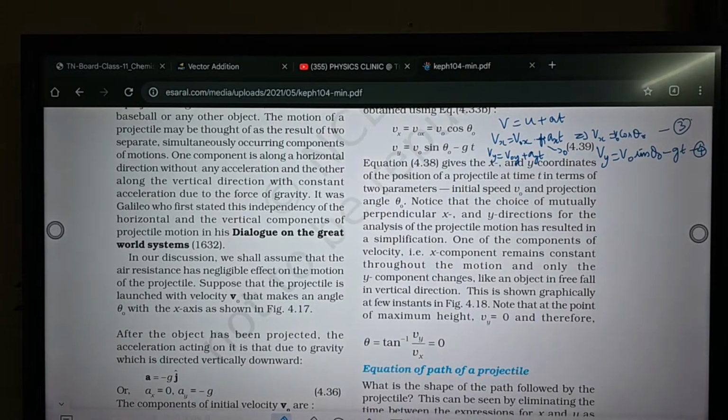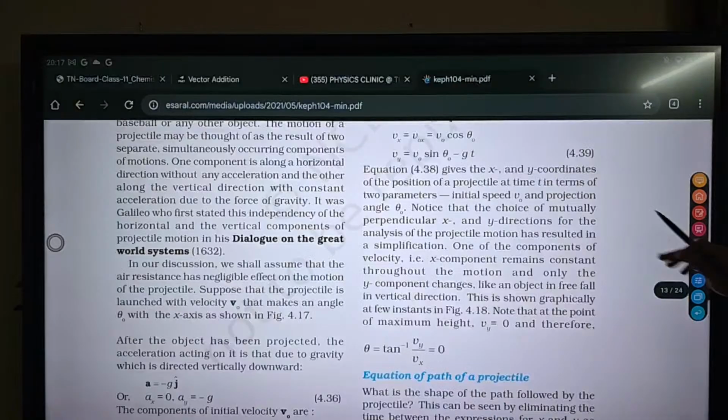So we found two coordinates for both displacement and velocity. Now we are going to see where the maximum height is achieved. At the maximum height, have you written all these things? What might be the velocity at the maximum height?